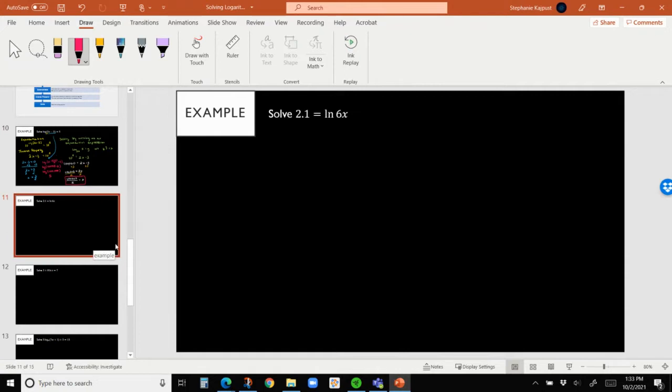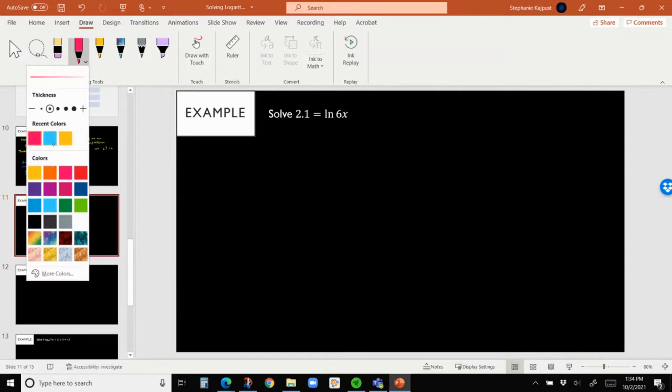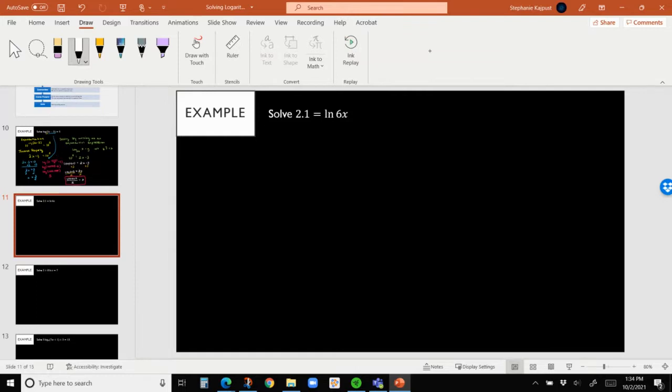So let's do one with the natural log because that has a special base. We just did one with log. Let's do one with the natural log, and that is base e. So we've got our natural log by itself already. We've got 2.1 equals the natural log of 6x. And so we're going to rewrite this, and I always start with whatever the base is on the natural log.